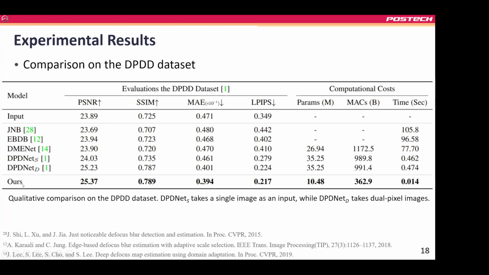We do not use those stereo inputs, but even in that case, our network can show better performance than this one using dual pixels. Also, in terms of computation cost, our network has a smaller number of parameters and runs faster.